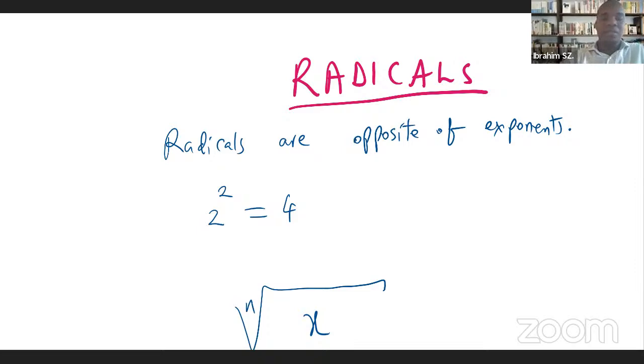Tukasema kwamba 2 here is base, na this one here 4 is power.